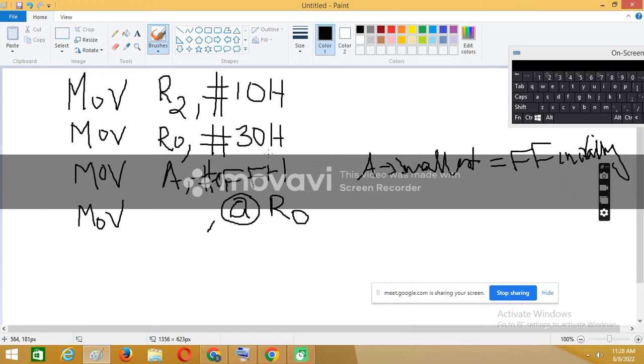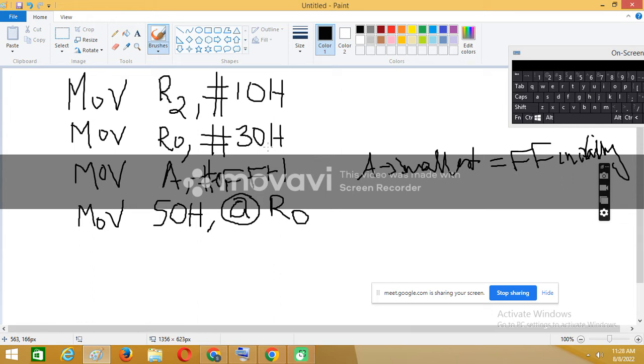Your data is present, 16 data are there, 30, 31 like that. Anyway, it will not reach 50H. So I will simply take some memory location which will not affect what we have written before. You should not write 02, because it will affect R2. You should not take 00, because R0 is the 00 location of internal RAM, so it will affect R0. 30 you should not write because it contains data. 31 you should not write.